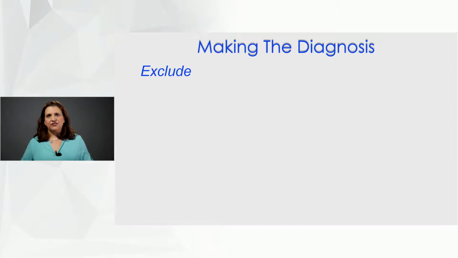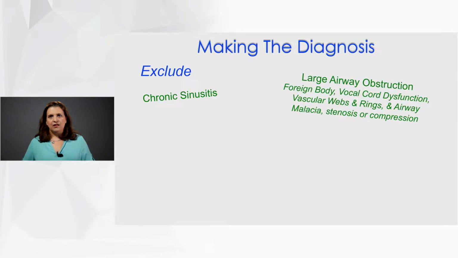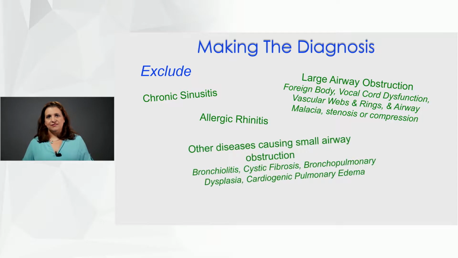When making the diagnosis of asthma, it's important to exclude several other disease processes that can be mistaken for asthma. These include chronic sinusitis, large airway obstruction from a foreign body, vocal cord dysfunction, a vascular web or ring, airway malacia, stenosis, or compression. Allergic rhinitis.